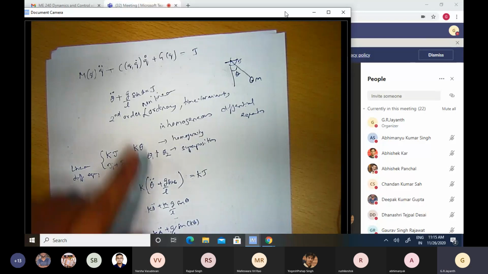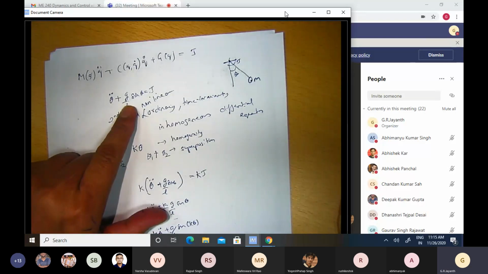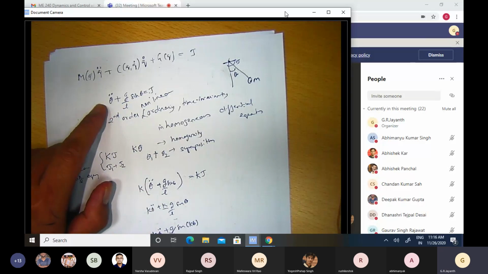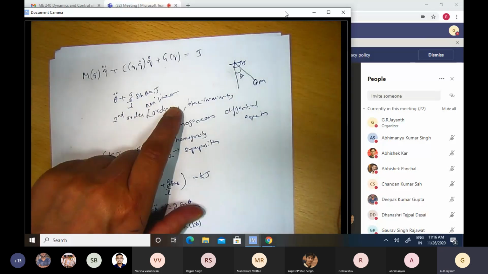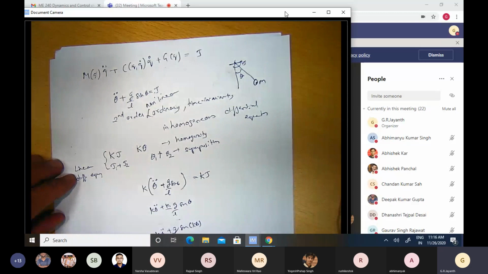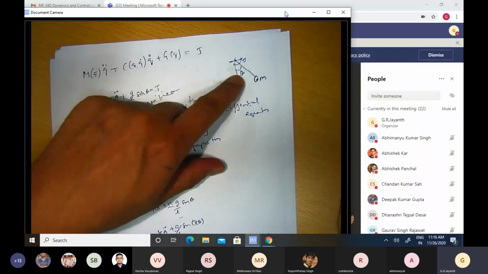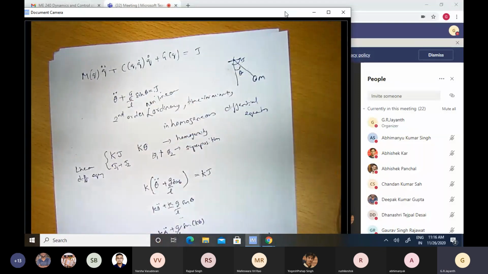Well, the pendulum's equation is a simple harmonic oscillator only for small angles. So when the angle is very small, I can replace sine theta with theta, in which case I will have this equation to be theta double dot plus g by L theta is equal to tau. Now that, it turns out, becomes a linear equation. And for a linear equation, you have closed form expressions for solution. But for the actual problem where theta is not assumed to be small, even a problem as simple as that of a pendulum doesn't have a closed form solution.